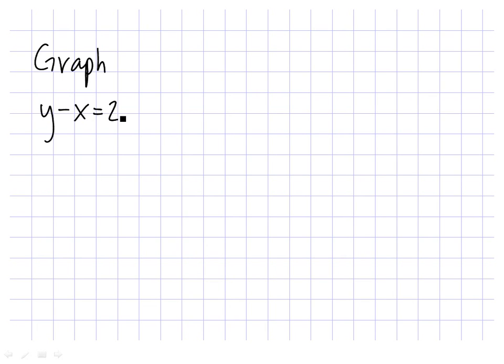Okay, again, since the y and x are on the same side, you can do the x and y intercepts, or you can just simply move the x to the right side. So let's do that. Let's move the x to the right side by adding x to both sides.